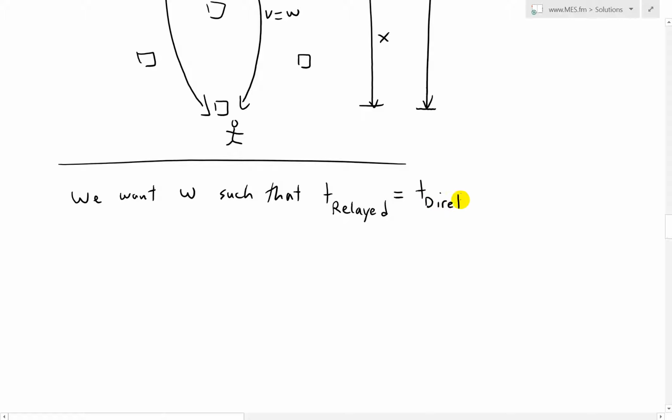In other words, I'll write this as TR equals TD. So we want this W right here. We're going to set these equal to each other and then solve for W.